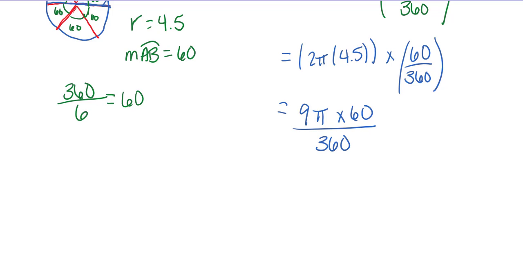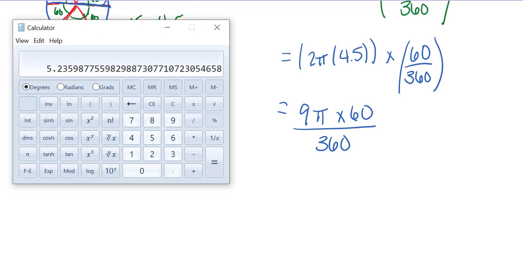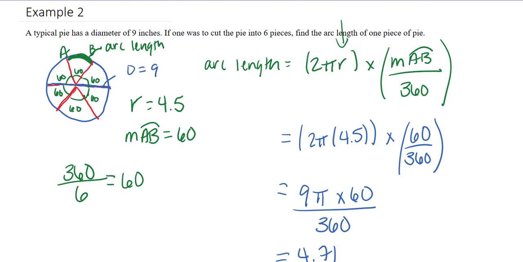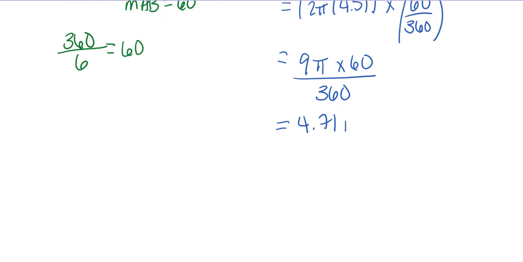So let's get our calculators out. So we have 9 times pi times 60, and then we're just going to divide it by 360. And what do we get? We get 4.71. And this one actually does tell us that it's in inches, so this is in inches.